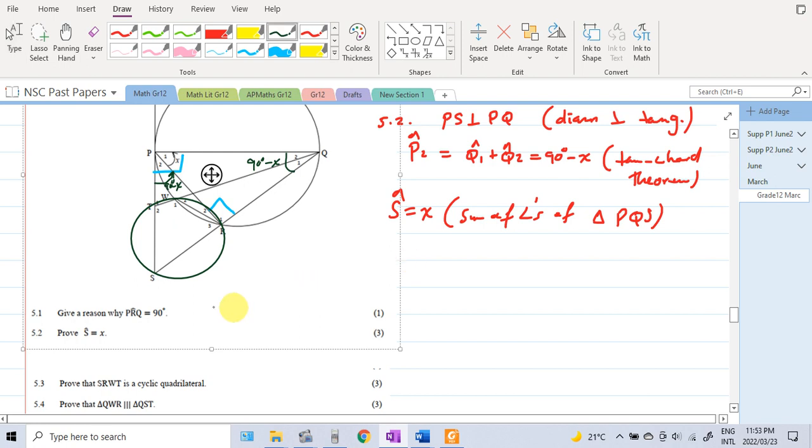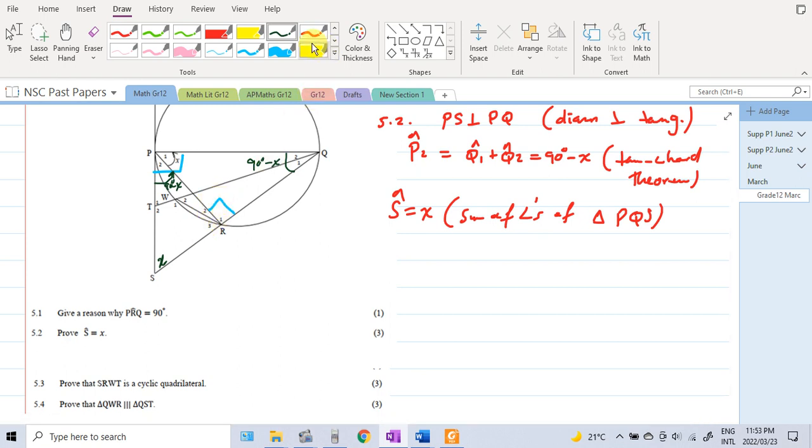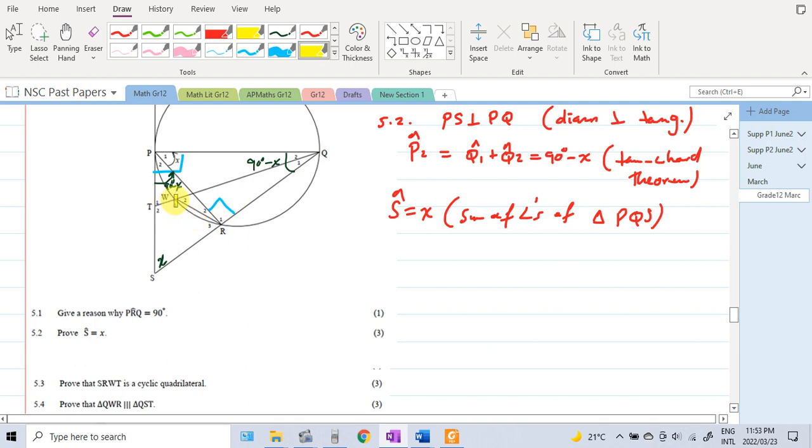SRWT. So that is x. Let's take that out. This angle R1 is clearly not an exterior angle, because your line ends up being there.